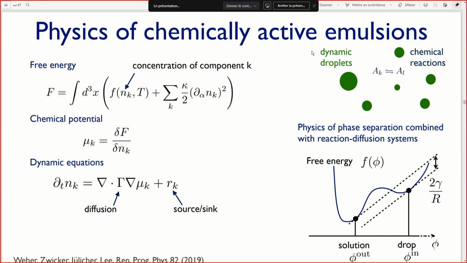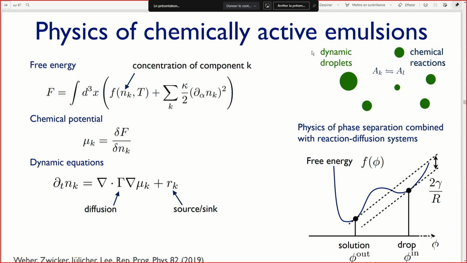The approach that we've used is in the spirit of what I outlined: you can use thermodynamic arguments locally, at small volume elements. You can define locally temperature, chemical potentials, and free energy densities, and then you can build non-equilibrium physics at larger scales from there. So the starting point is a thermodynamic description with a free energy density defined locally, and then, in order to describe phase coexistence, also gradient terms that generate the interfacial tension and the thickness of interfaces.